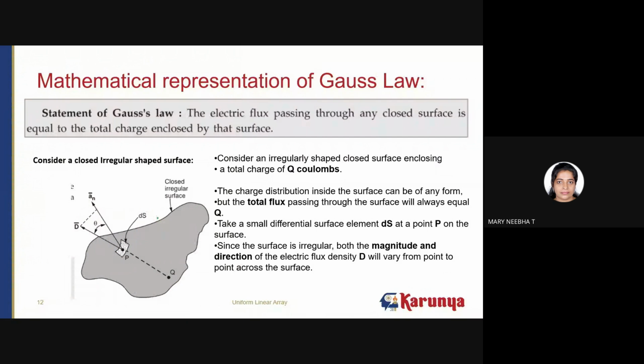The formula to be remembered is psi equals flux equals the surface integral of D dot ds, or we can also write it in terms of line charge rho L into dl, volume charge rho v into dv, or surface charge rho s into ds. Thank you. I hope you understood the concept.